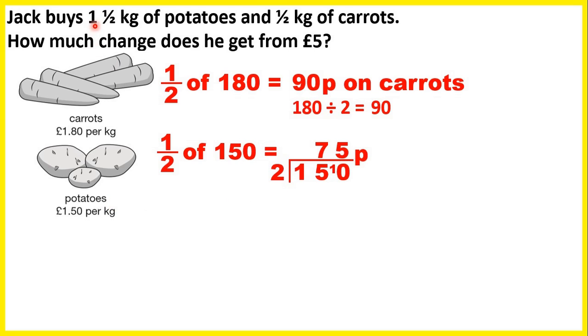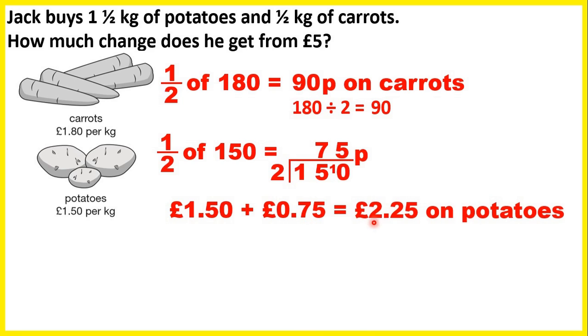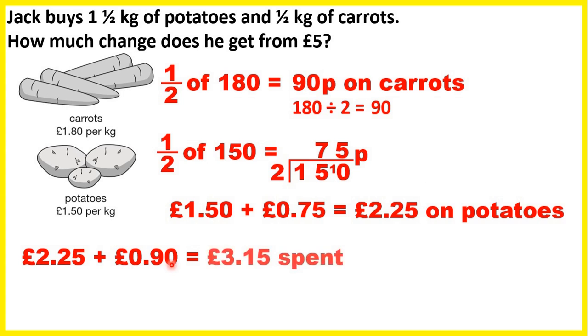But he buys 1.5 kilograms, so that's £1.50 for the 1 kilogram and 75 pence for the half a kilogram of potatoes, and that gives us £2.25 altogether spent on potatoes. So to find the total of what he spends, we need to add what he spends on potatoes and what he spends on carrots, and £2.25 plus 90 pence is £3.15.